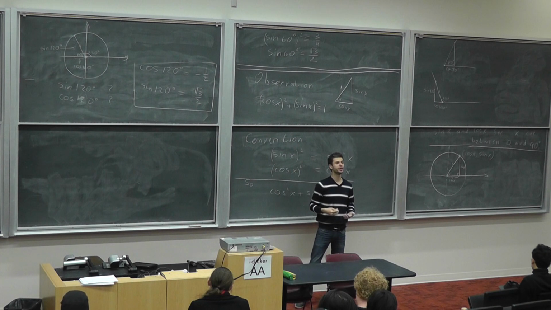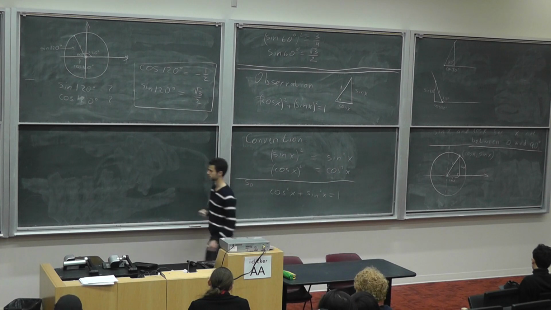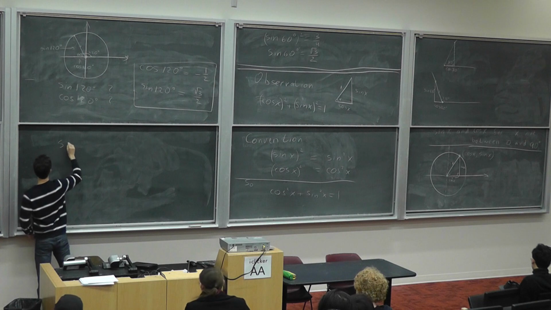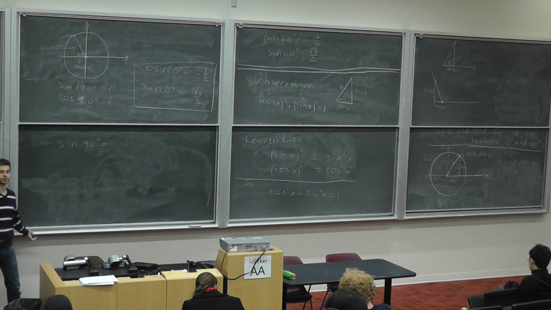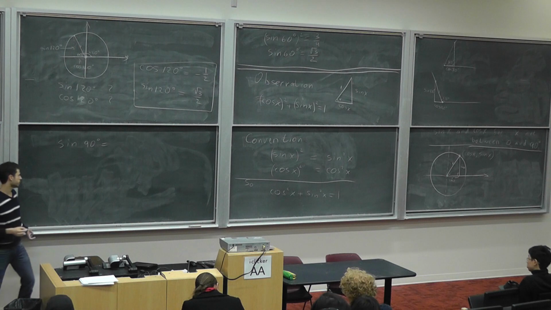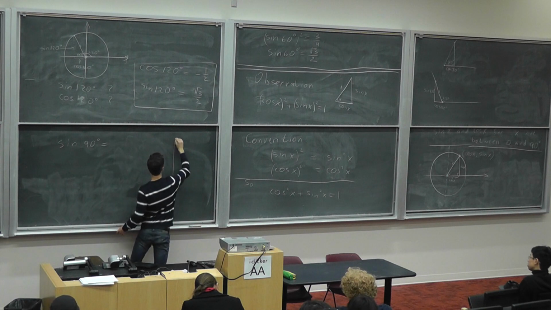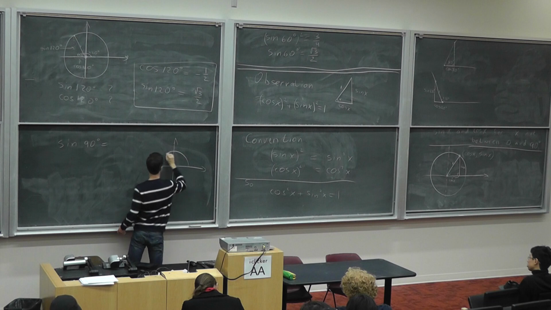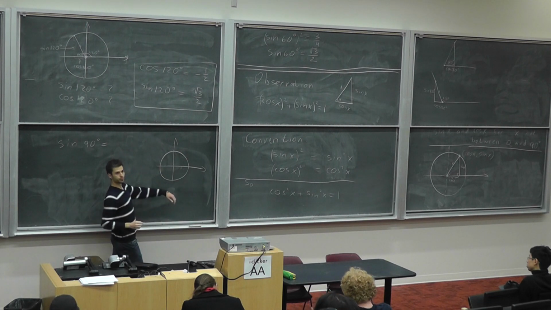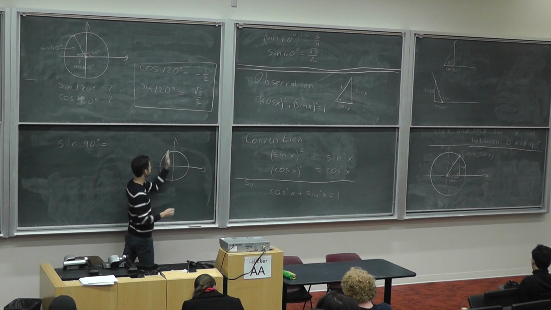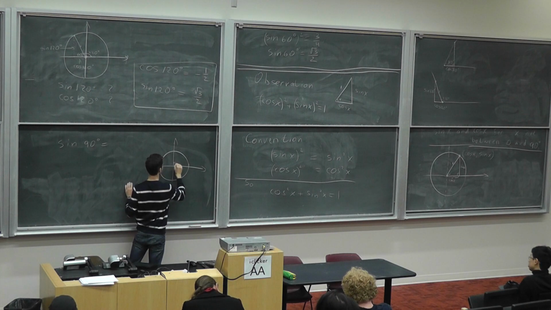Let's establish a couple more angles, more sines and cosines, really simple ones. Sine of 90 degrees. What is this one? Okay, let's think about the picture. Draw a unit circle. Measure 90 degrees from this direction. That's right here.